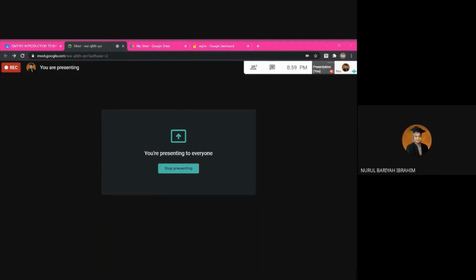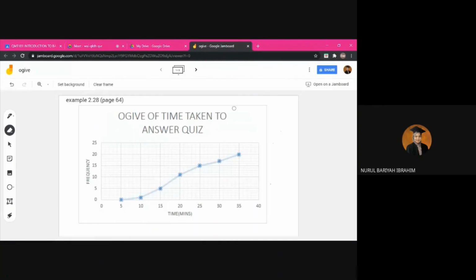Okay, so let's see. Okay, yang ni, I dah ada ogive, so I gunakan this ogive. From example 2.28, page 64, the variable before this adalah time taken to answer the quiz. Okay, so let's say now kita nak cari Q1 and Q3 for this data.